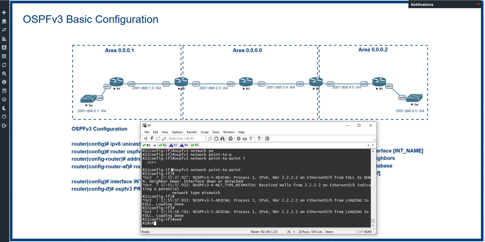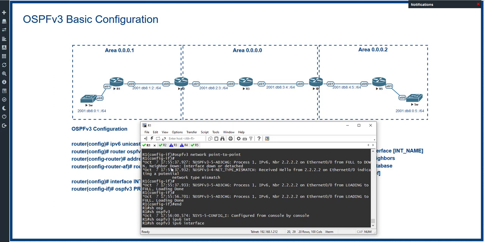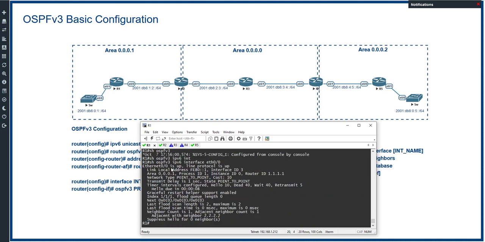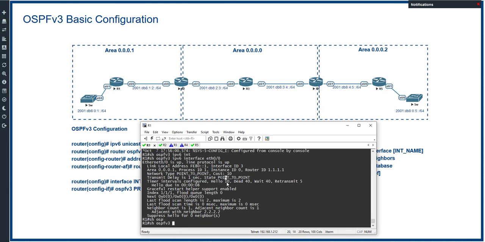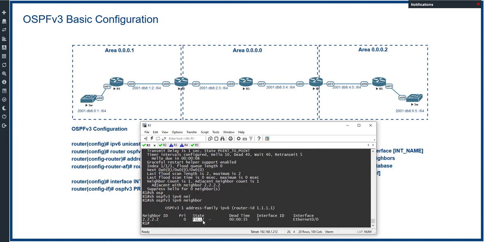In router 1, show OSPFv3 IPv6 interface ETH00 shows that this interface is now using point-to-point, and we don't have any DR and BDR on this interface. Show OSPFv3 IPv6 neighbor shows that we have full neighborship without any DR and BDR election.